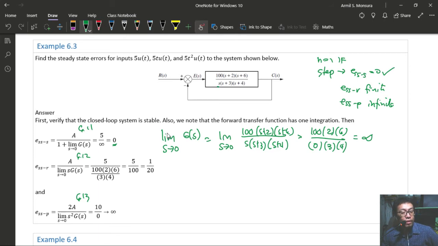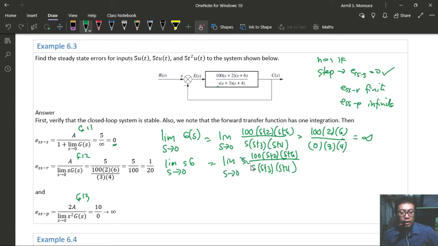Okay, now in the case ng ramp input, this is yung denominator niyan, okay, is the limit of s times g as s approaches 0. So this is the limit of s times 100 times s plus 2 times s plus 6, divided by s times s plus 3 times s plus 4, as s approaches 0.